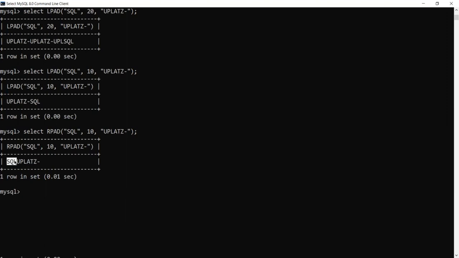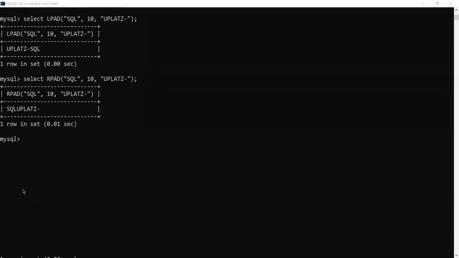Again, be aware that there is no space that I have given here, and that is the reason even RPAD did not include any space between SQL and uplads. If you want some space, you have to add it manually and give that command to the system, because RPAD will not understand the difference between two different words. So that was LPAD and RPAD for you guys.